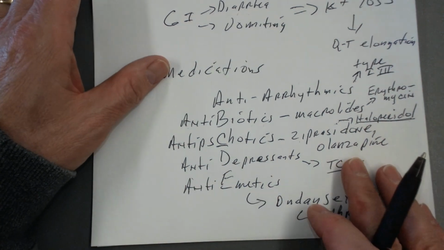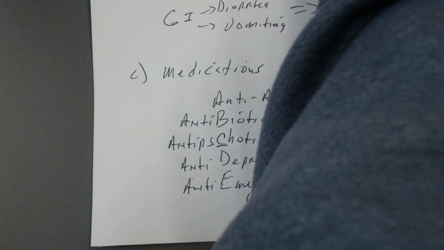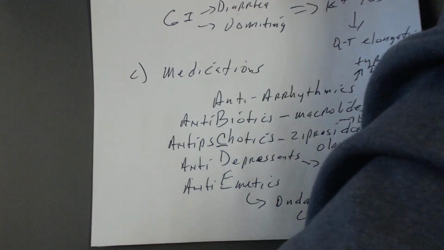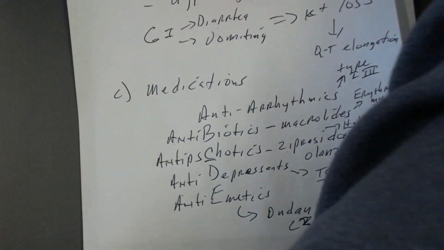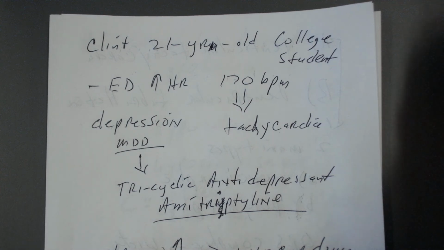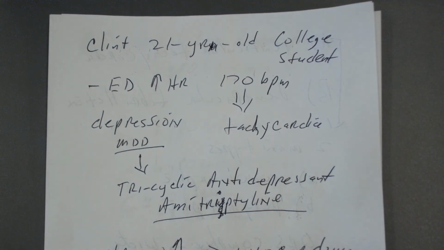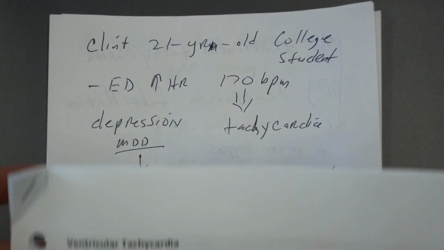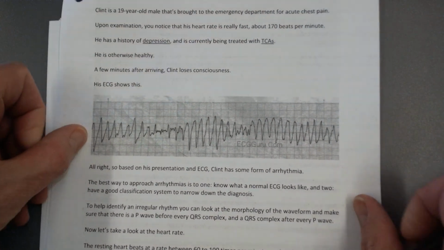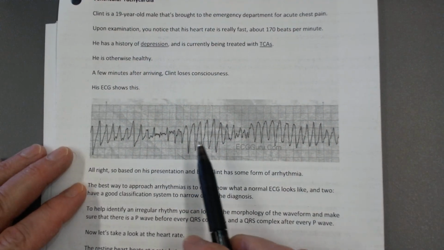All right, so let's get back to Clint. So with Clint, as we can see, Clint had an EKG that looked like this, and that is a Torsade de Pointes.